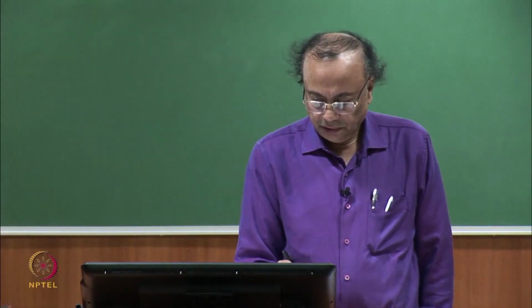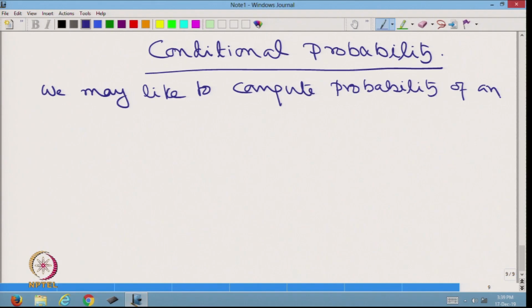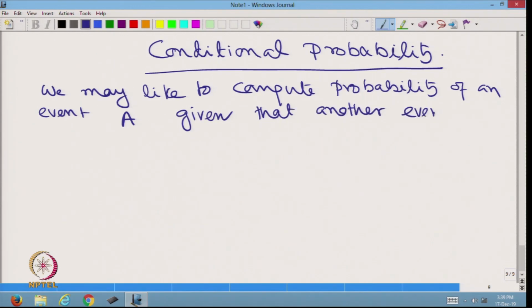That is, we may like to compute the probability of an event A given that another event B has occurred.